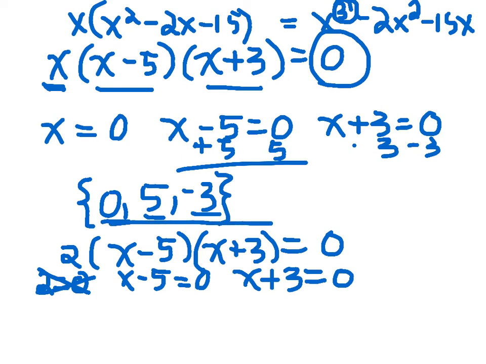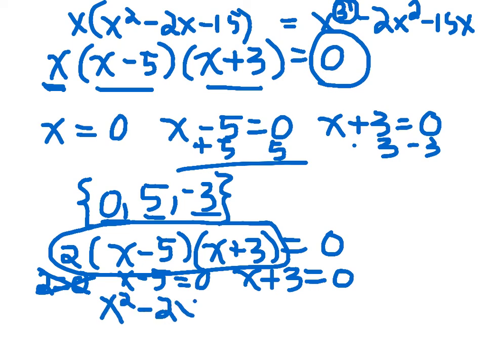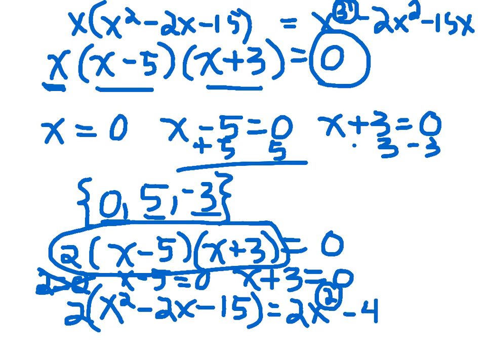And if I multiplied this whole thing out, when I FOIL it, as we've seen before, I get x squared minus 2x minus 15. And when I multiply that by 2, I still have the highest exponent is 2. This is just interesting stuff. It doesn't apply right now. What you need to understand is if there are 3 factors, then each of those needs to be set equal to 0. Sometimes, as in this case, it doesn't yield another solution.